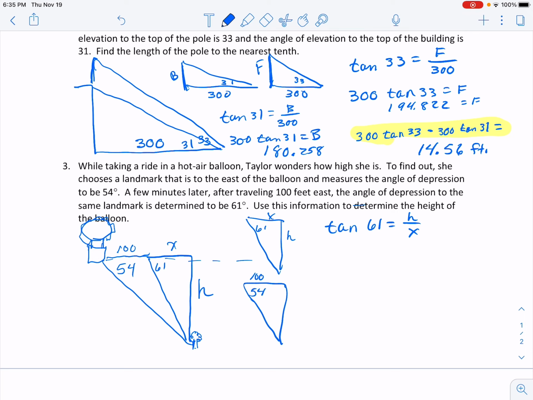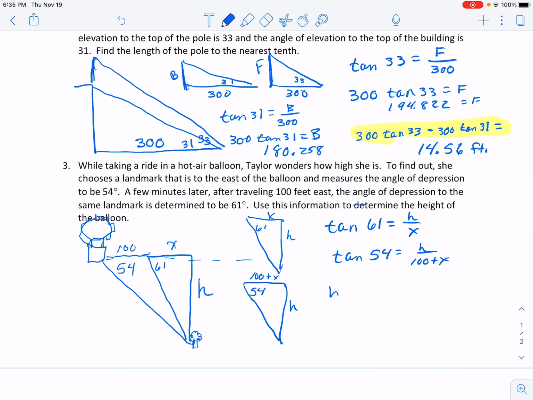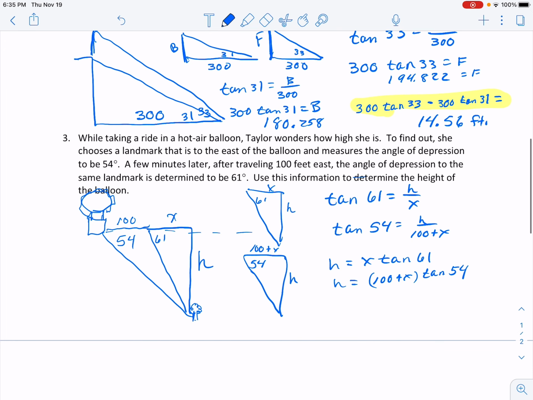The tangent of 54 equals H over 100 plus X. If I solve them both for H, H is equal to X times the tangent of 61, and H equals 100 plus X times the tangent of 54, and I can set them equal to each other.